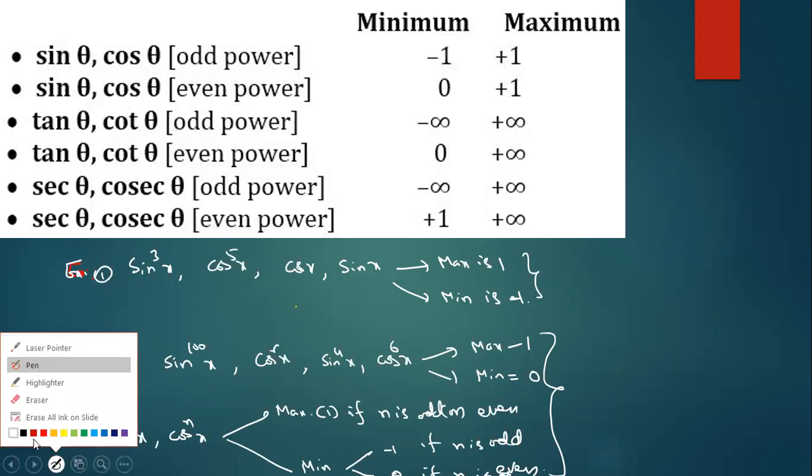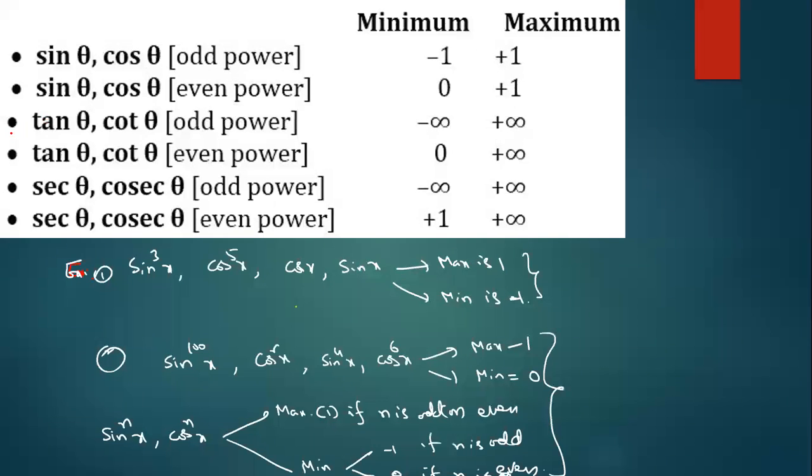Remaining, what you are observing, like this, tan theta, cot theta. Odd power means what is the case? The best example, tan cube x, cot x. In such cases, what is the answer coming? Minimum is minus infinity, maximum is plus infinity. Sin square x, cos power 4x.